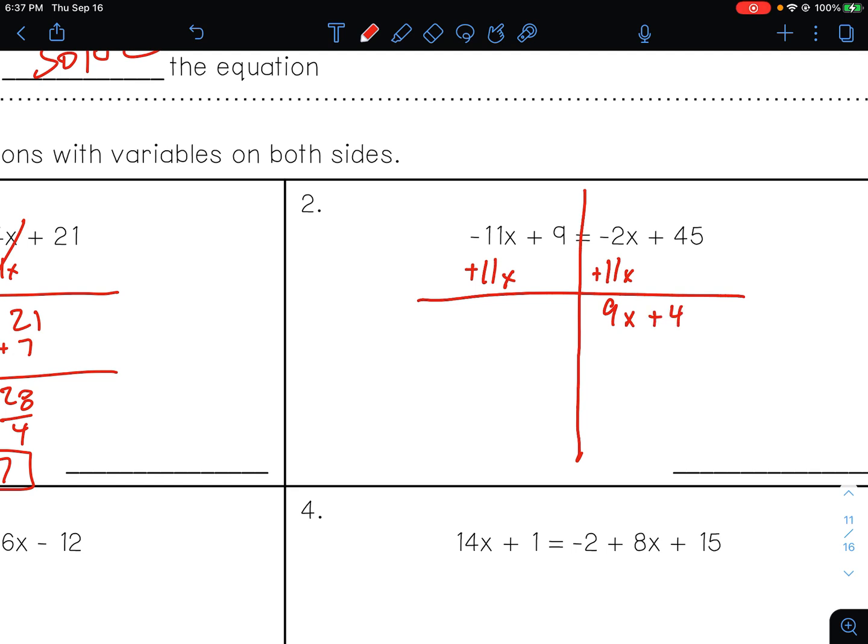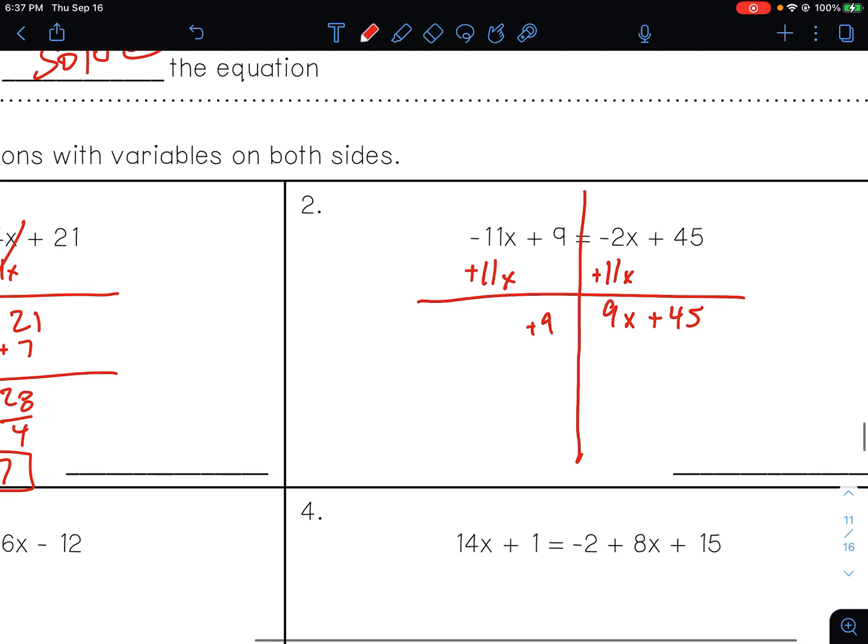Bring down the plus 45. Bring down the plus 9. I guess I don't have to write plus 9, but whatever. Bring down the equal sign. Now that this 9x is over here, you need to get rid of the plus 45 by subtracting 45. So basically that cancels. Negative 45 and plus 9, you're going to subtract, and 45 minus 9 gives us negative 36.